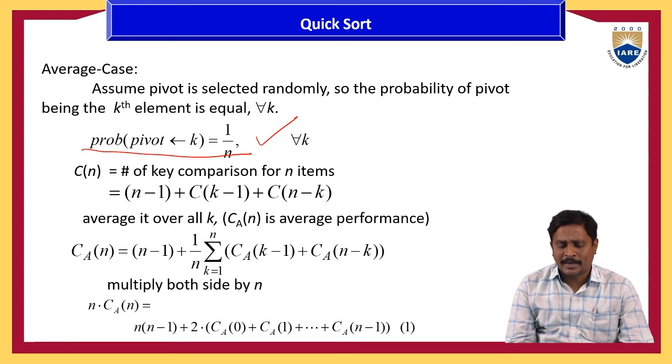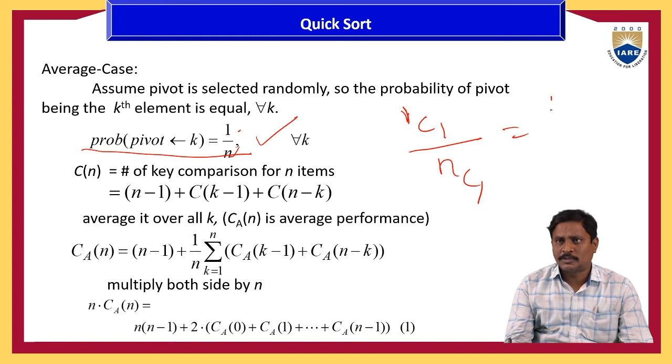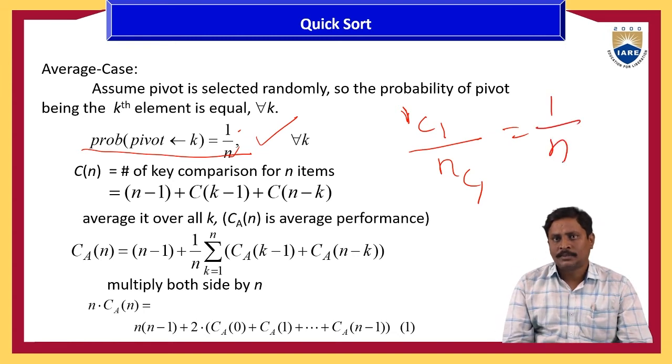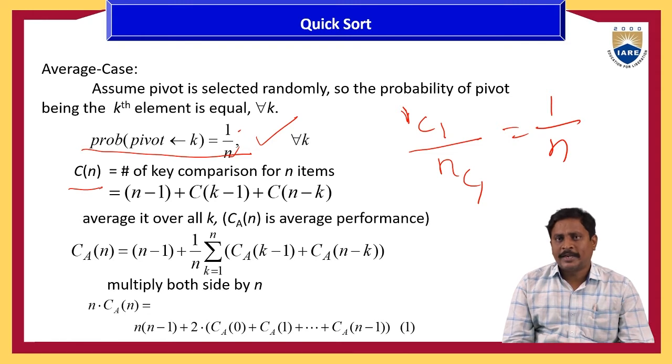From the n elements we choose one element, that means 1c1 divided by nc1. One element chosen out of n elements, nc1, and the value is 1 by n. Next, C of n is the number of key comparisons we made. Totally we have n elements, and k is the key element.